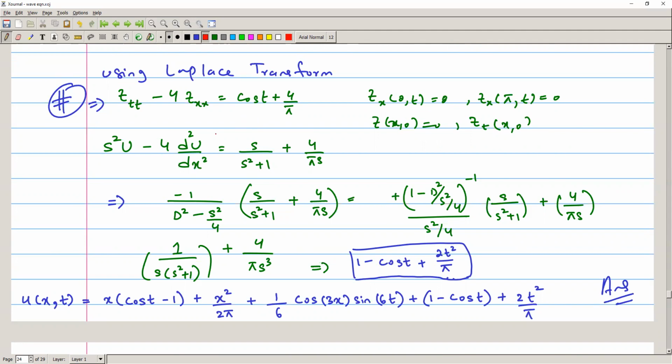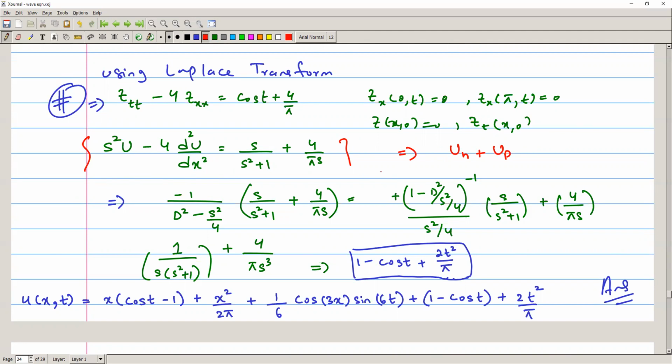So we'll apply the Laplace transform on the equation, on both the left and right hand sides. Now this is a second order non-homogeneous differential equation. Therefore, the solution to this problem will be U homogeneous plus U particular.